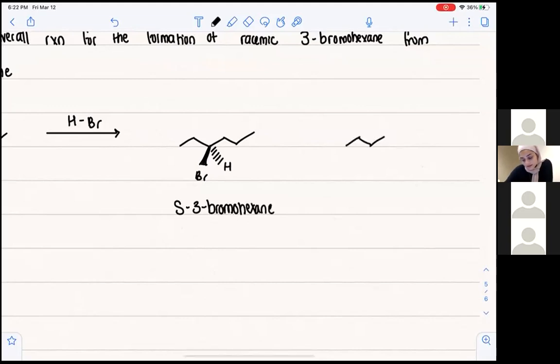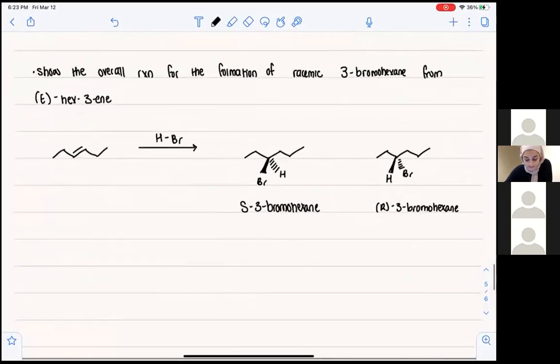And then we also have R 3-bromohexane. Does that make sense?